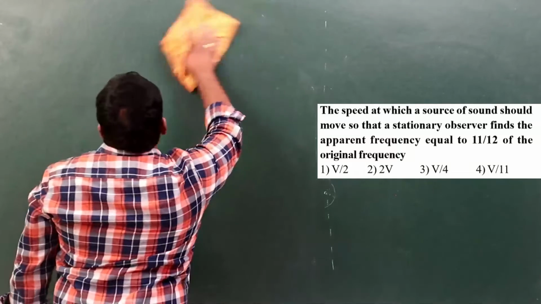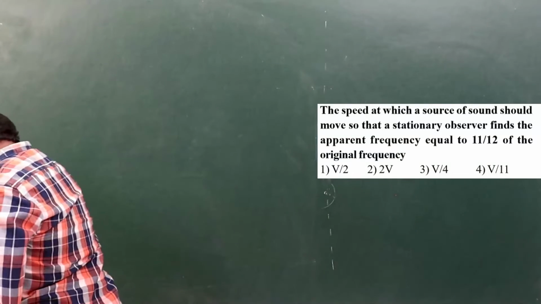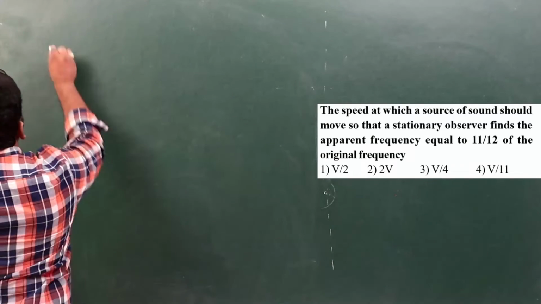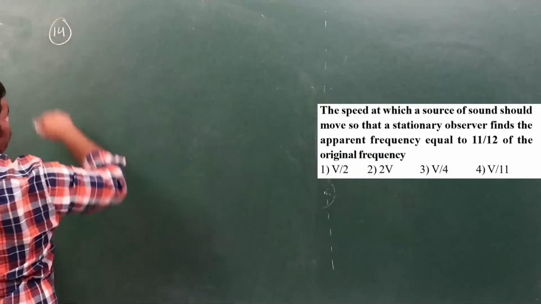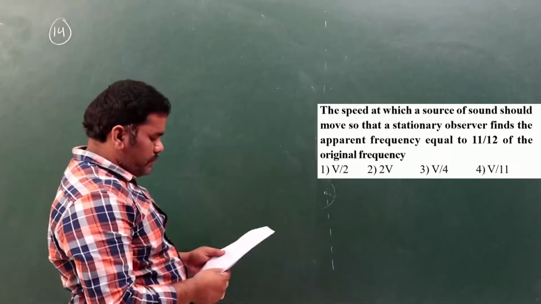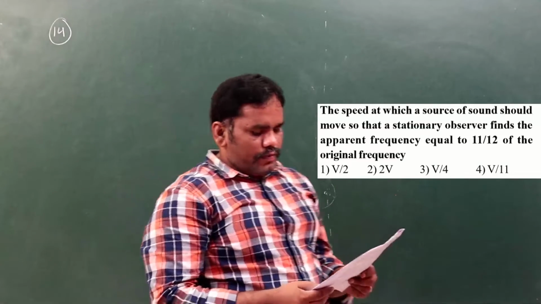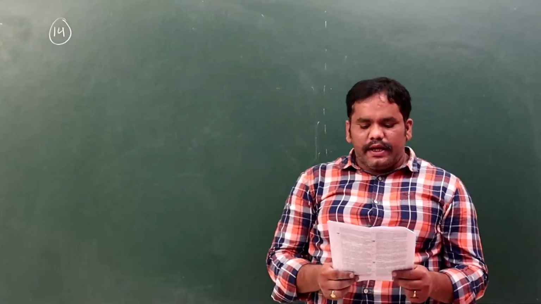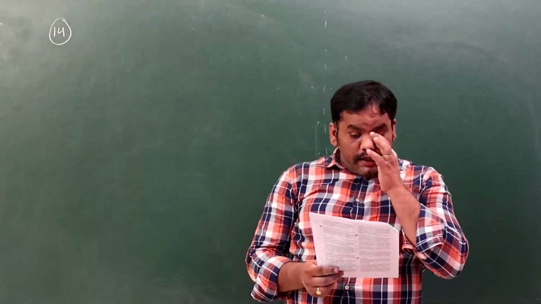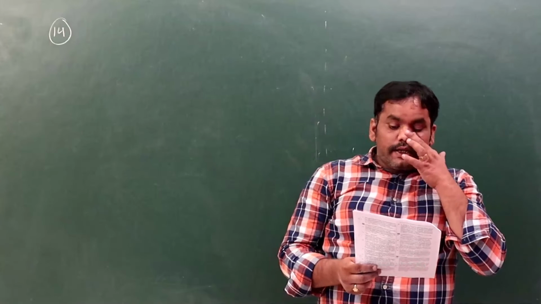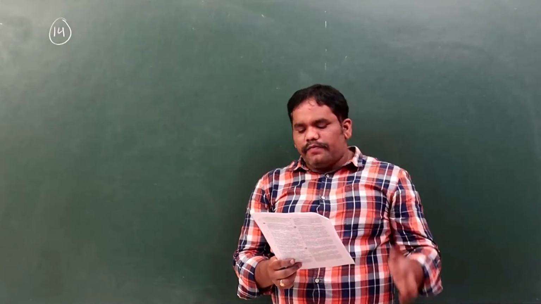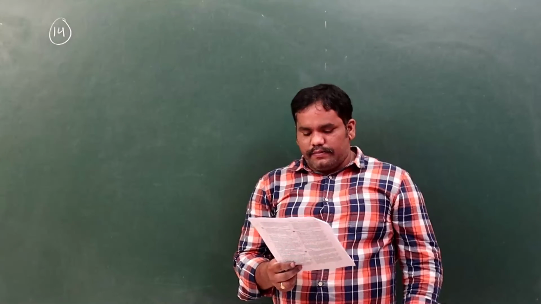Next question number 14. An engine is moving on a circular path of radius 100 meters with a speed of 20 meters per second.